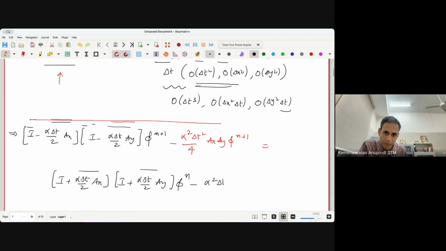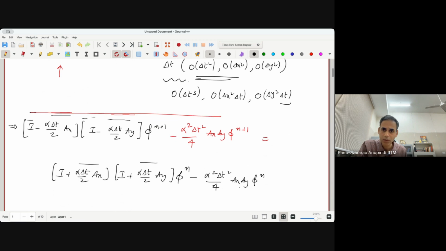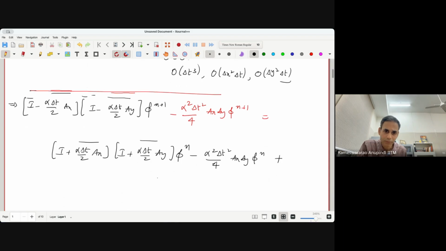That's going to be alpha square delta t square by 4 ax ay phi n. And then plus we have delta t times order delta t square, order delta x square, order delta y square. So that is the truncation error that we have.